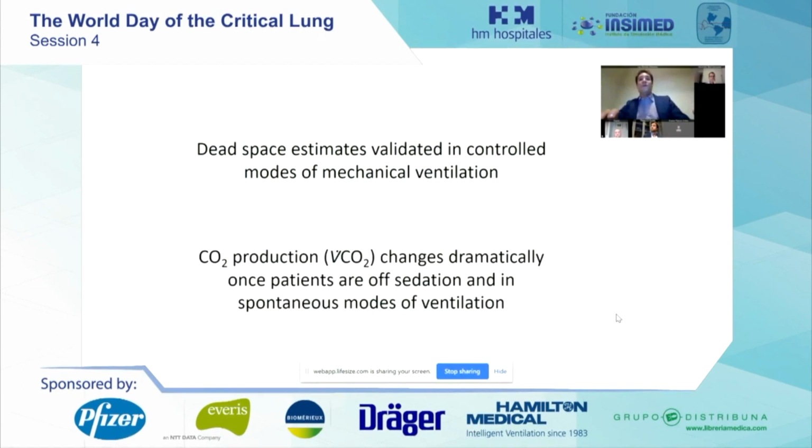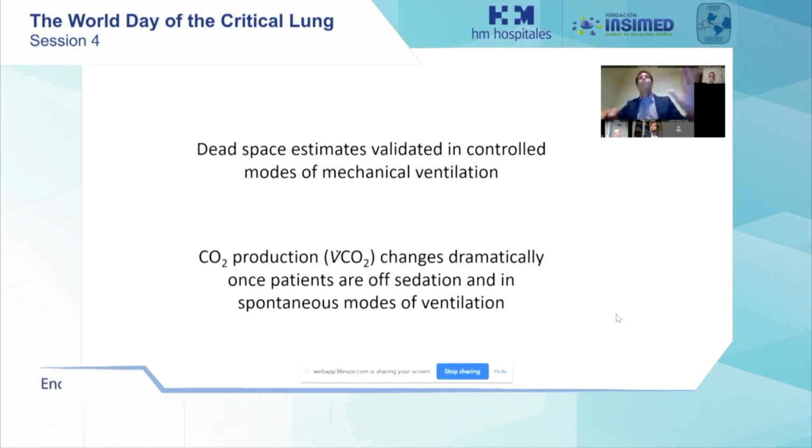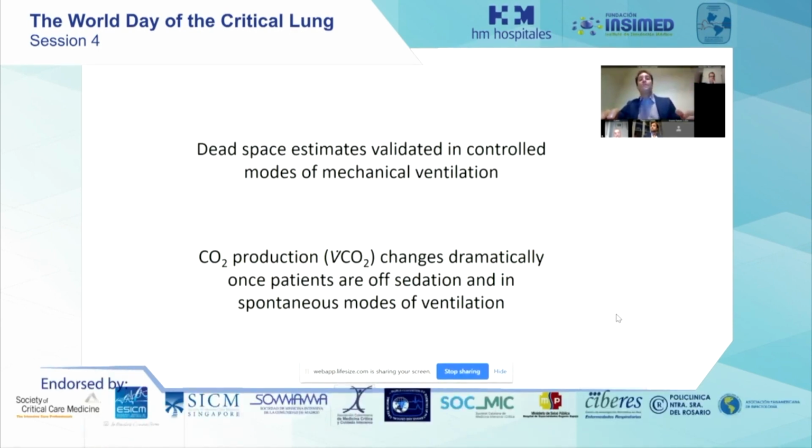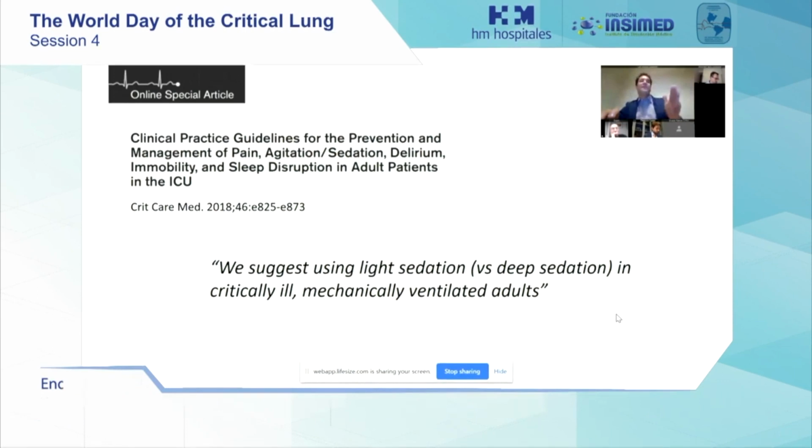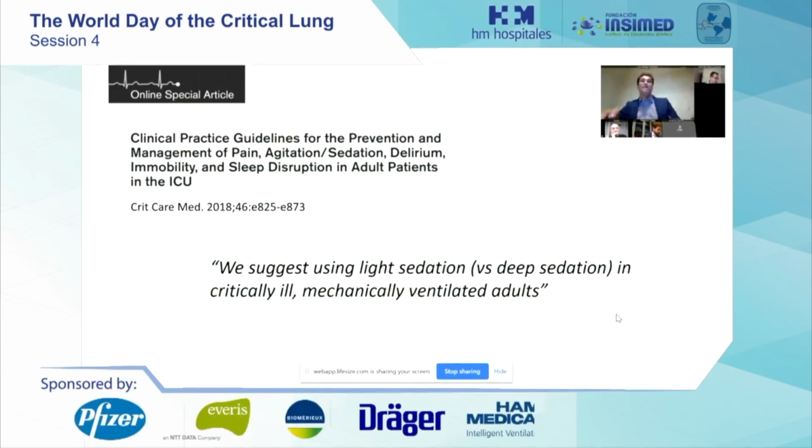And also, when the patient is off sedation and has some spontaneous efforts, CO2 production changes dramatically. This is in line with the guidelines that suggest using less sedation, and the practice in the ICU has been to use less sedation in ventilated patients, and some kind of spontaneous mechanical ventilation is allowed in these patients.